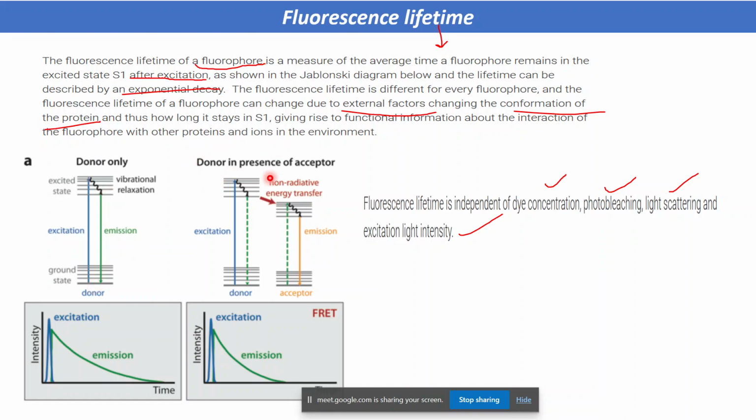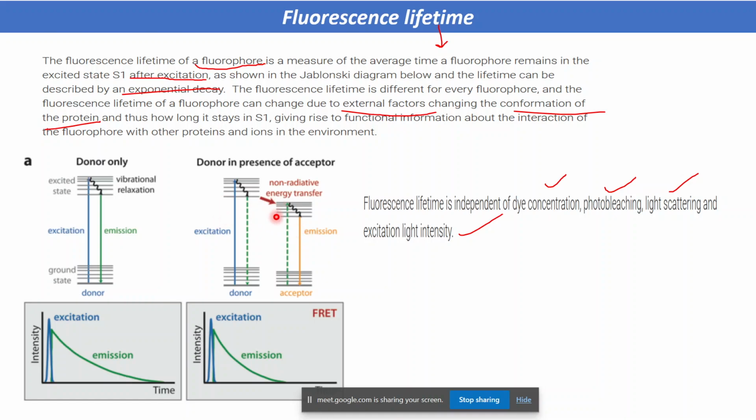But what happens in the presence of an acceptor near the donor molecule is that there can be a chance of non-radiative energy transfer, because of the small distance, less than 10 nanometers, between the donor and acceptor. So when you excite a donor molecule, it goes to the excited state, then it vibrationally relaxes back to the lowest vibrational level of the excited state, then it transfers the energy non-radiatively to the acceptor molecule.